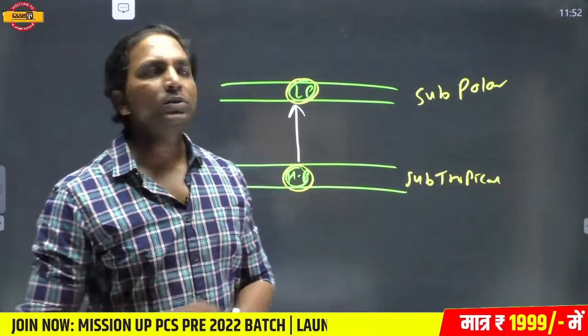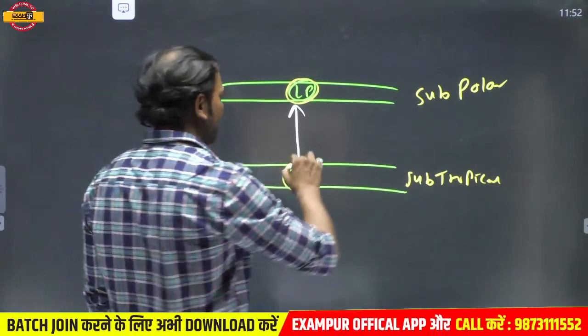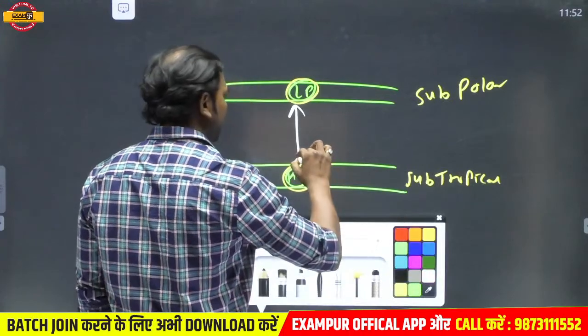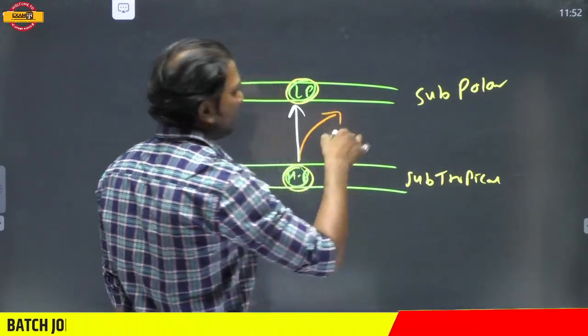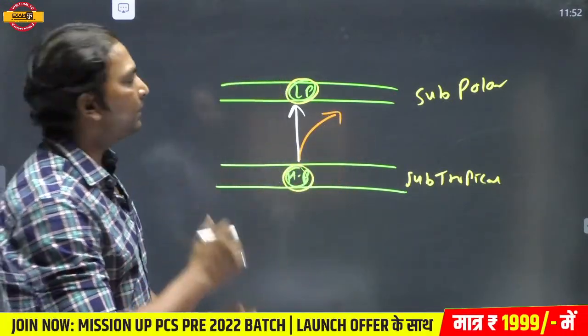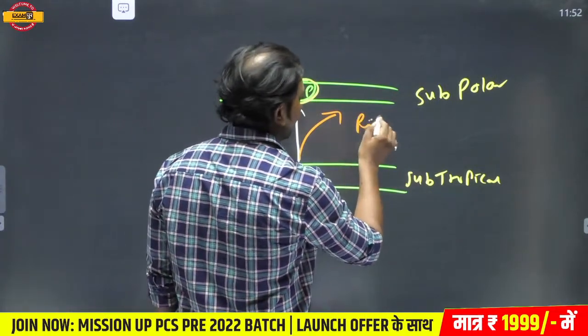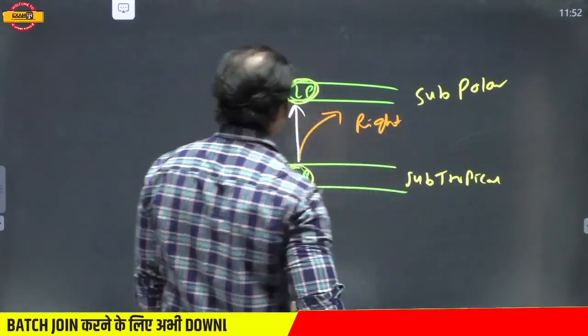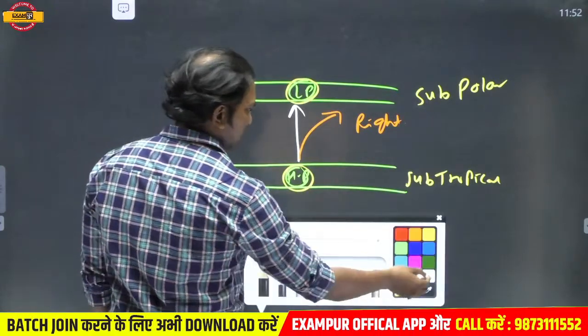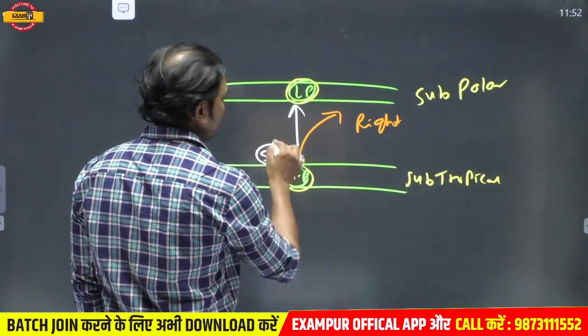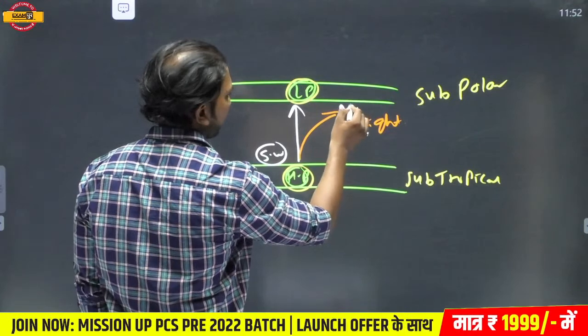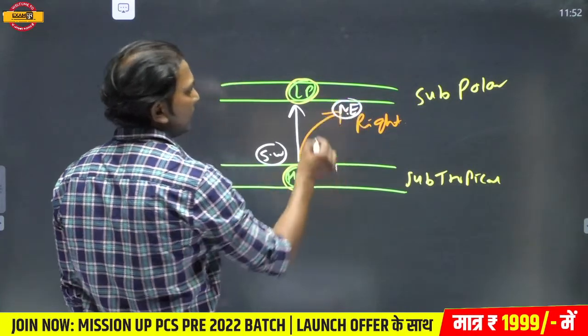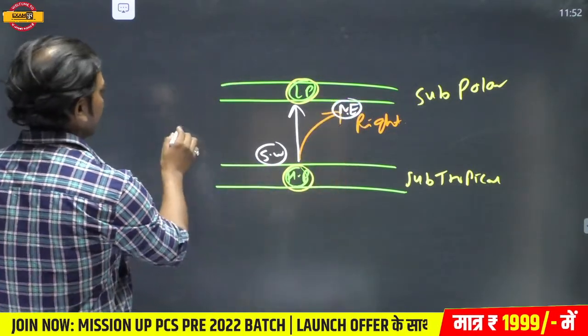Again you can see here, winds tend to the right-hand side and acquire the direction of southwest to northeast.